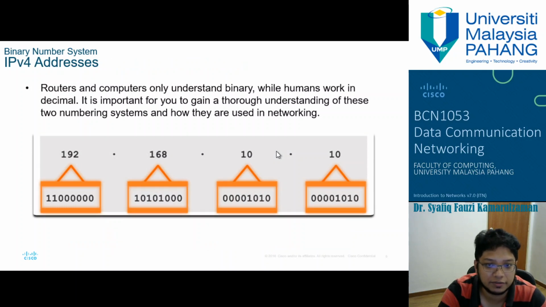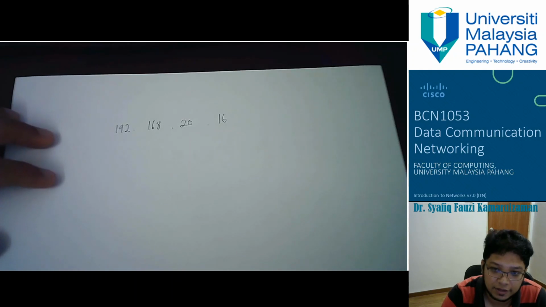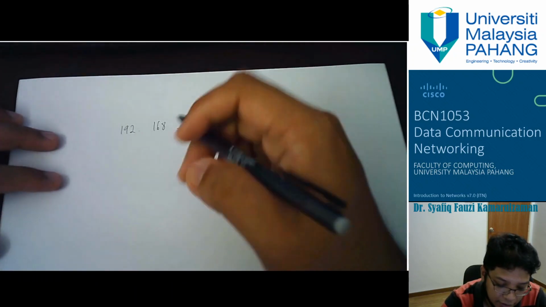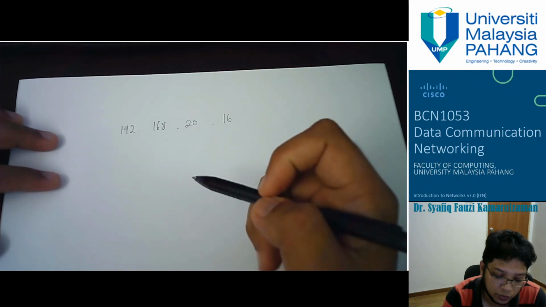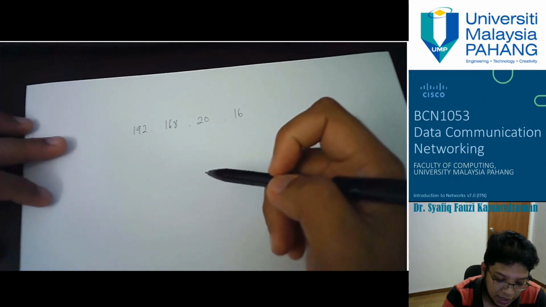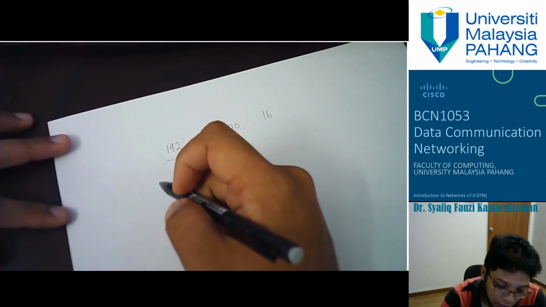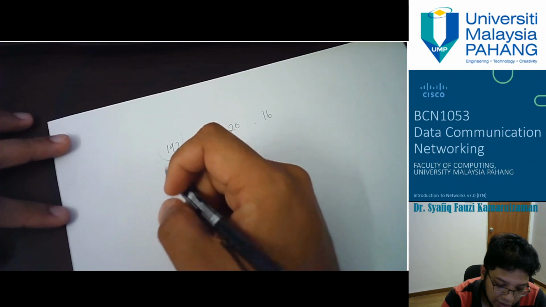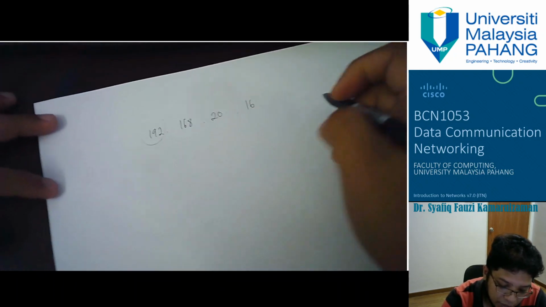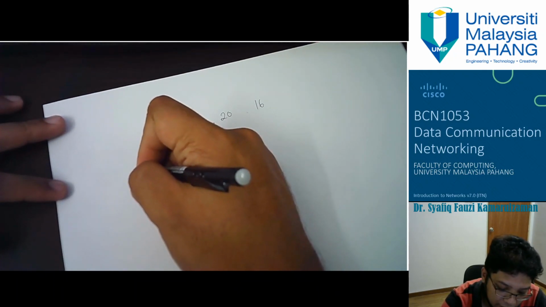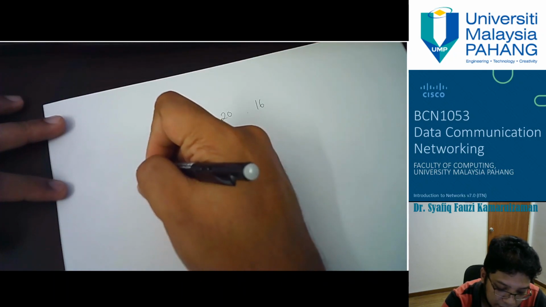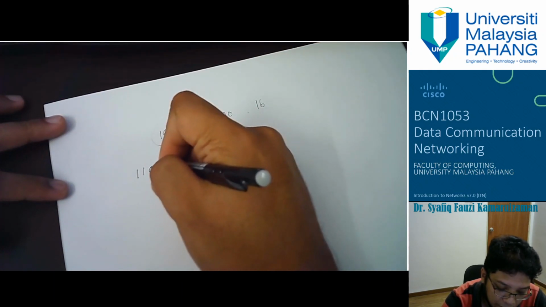So let's try to convert a whole IP address into binary. I have this IPv4 address here: 192.168.20.16. Let's start with the left one first, 192. You must have a 128 and also 64, and the remainder is 0.